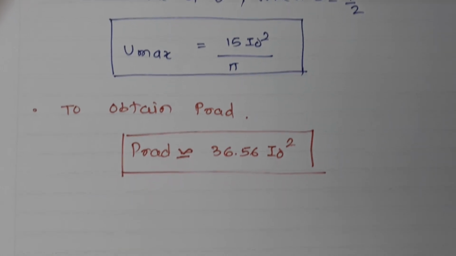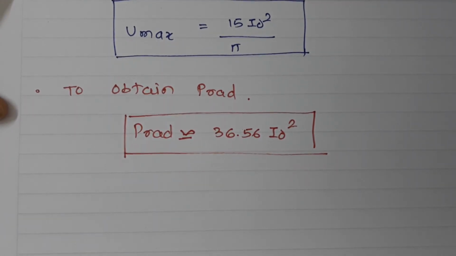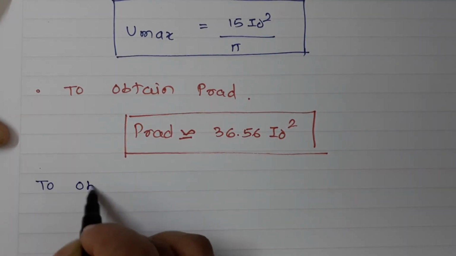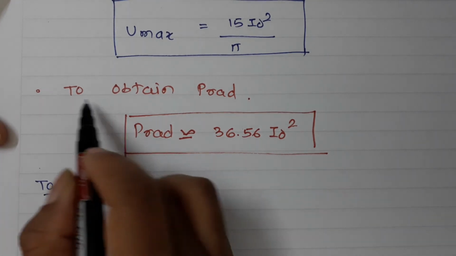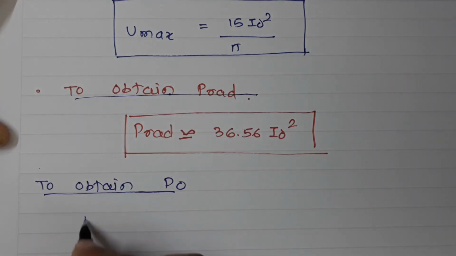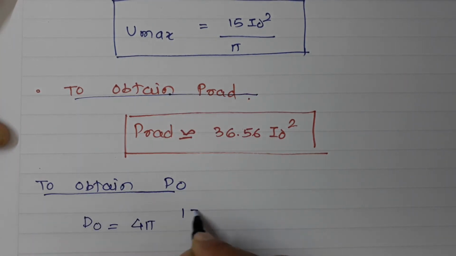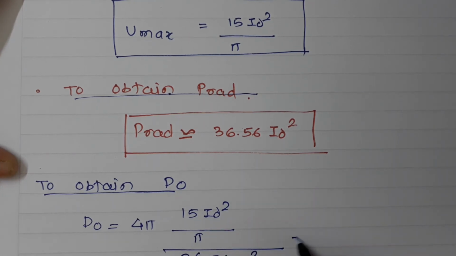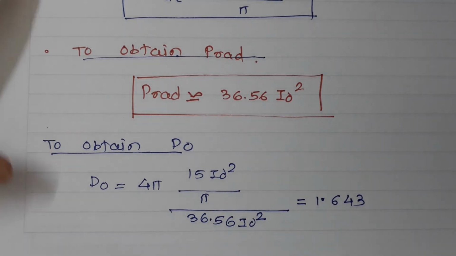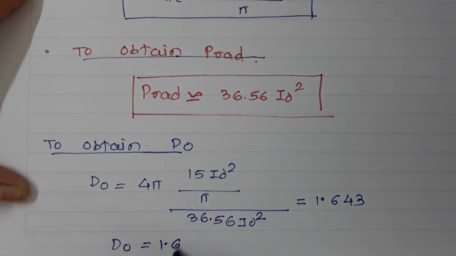I know U max and I know the radiated power, so to obtain D0, D0 is equal to 4 pi times 15 I0 square divided by pi, divided by 36.56 I0 square, which is P radiated, and this value will be 1.643. So the directivity of the half wave dipole is D0 equal to 1.643.